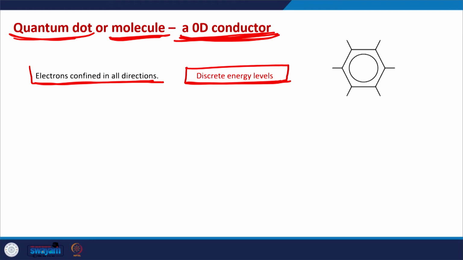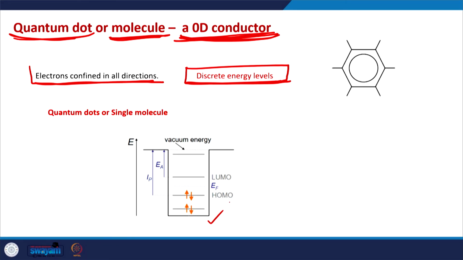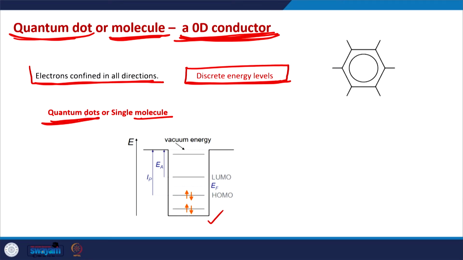And this is how the energy levels of a quantum dot or a molecule look like. If you recall, in an atom there are atomic orbitals in which electrons reside. Atomic orbitals are allowed electronic wave functions in the atom. Similarly, in a molecule or in a quantum dot, we have molecular orbitals, MOs.